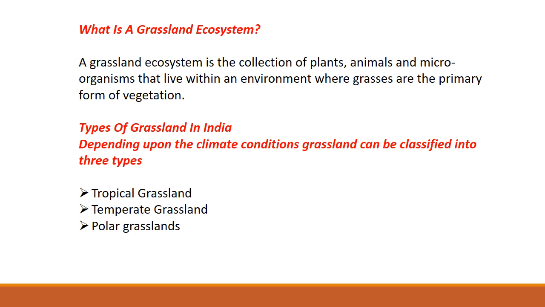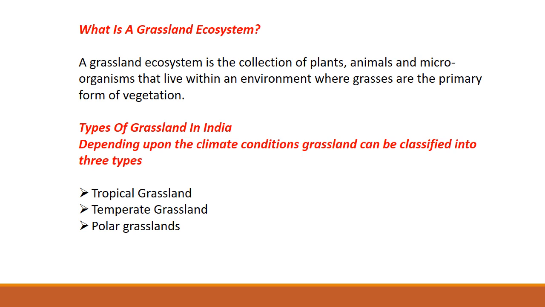Man began to use this grassland as pasture to feed his livestock when he began to domesticate the animals and became a pastoralist in ancient times. Hence, the grassland ecosystem is the collection of plants, animals and microorganisms that live within an environment where grasses are the primary form of vegetation.